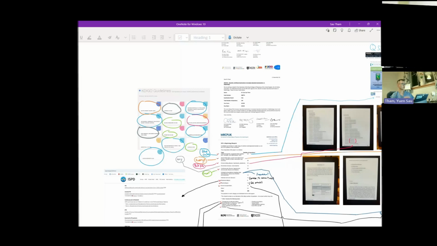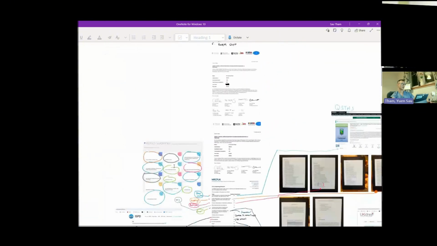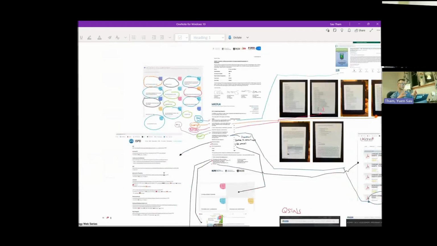The only thing is that it's difficult for me to put this into a PDF because this page is equivalent to 10 A4 sizes, and it's difficult to condense it into one page. What I might do is see if I can make it into a link and share it with you guys.